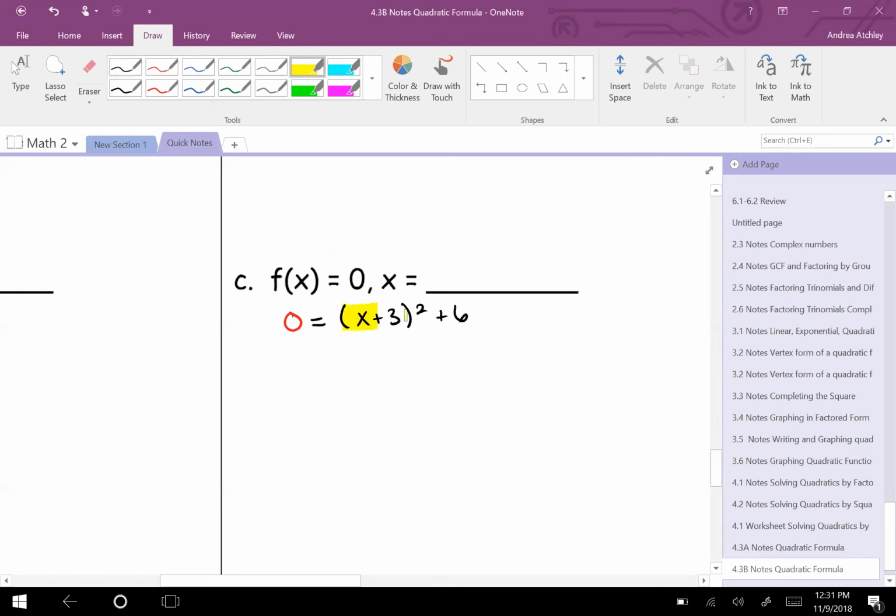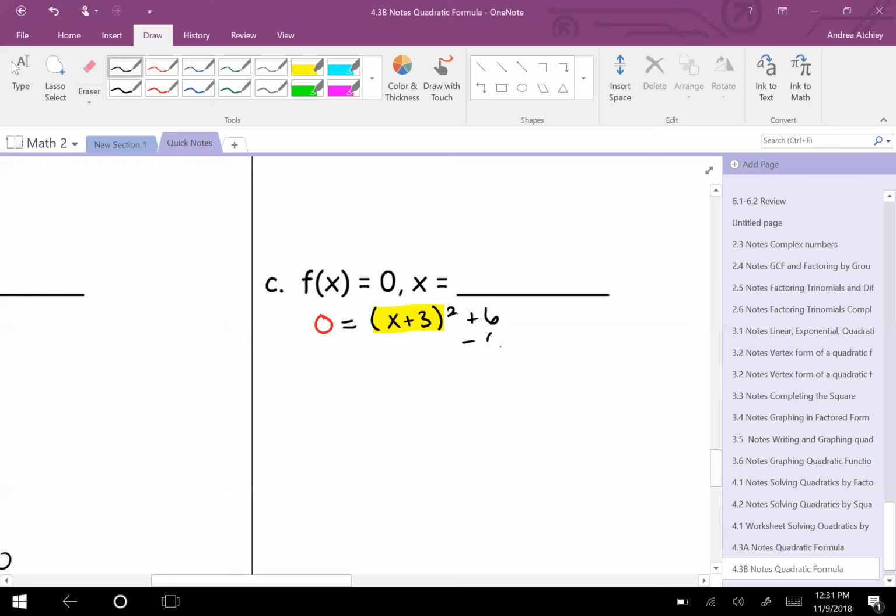So we're going to isolate the thing that is squared. I need to get rid of that 6 then. So how do I do that? Subtract it. That's going to give me negative 6 equals x plus 3, the whole thing squared.